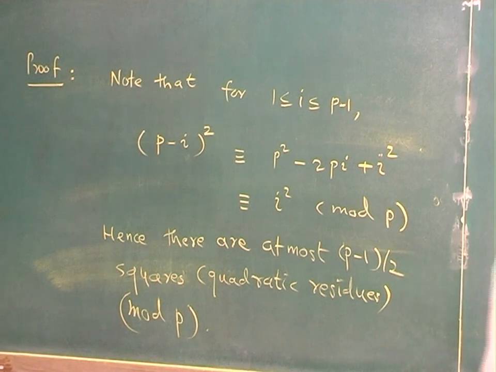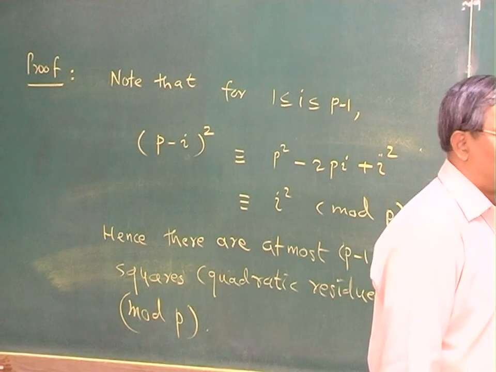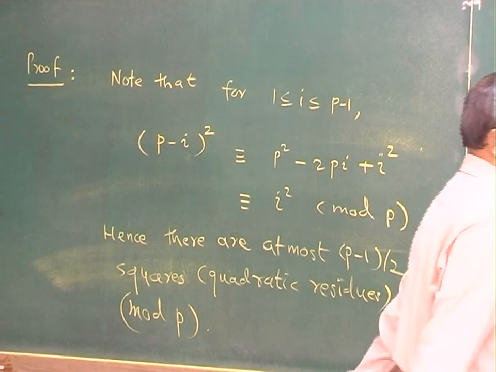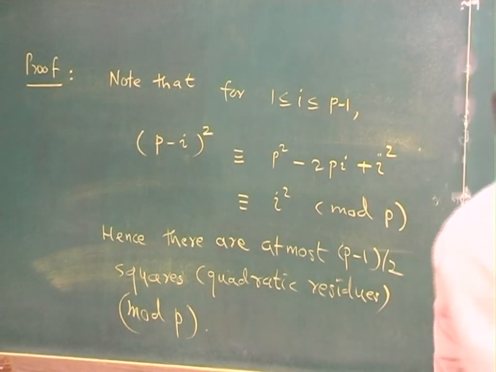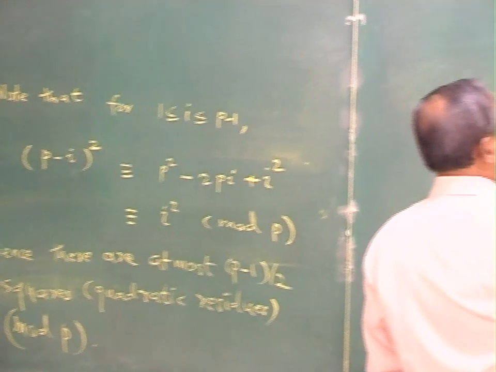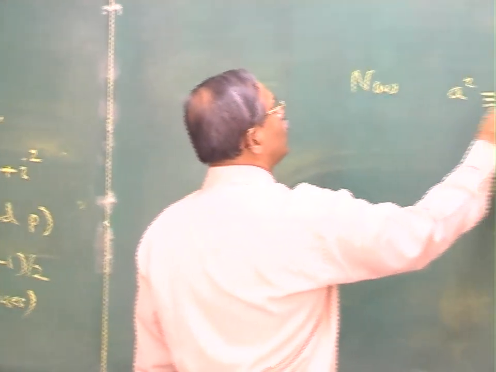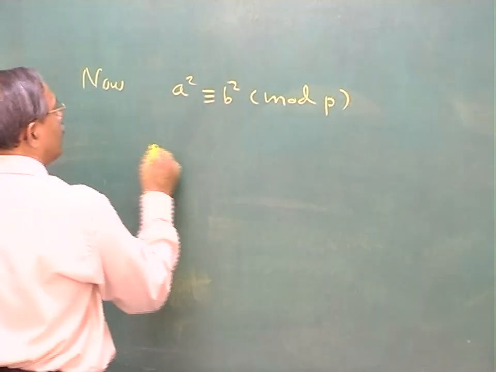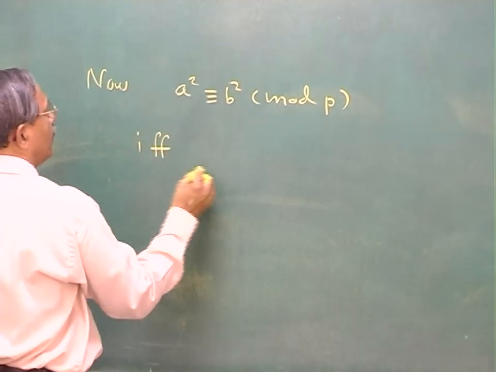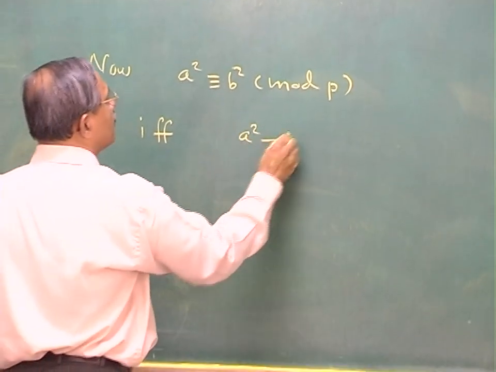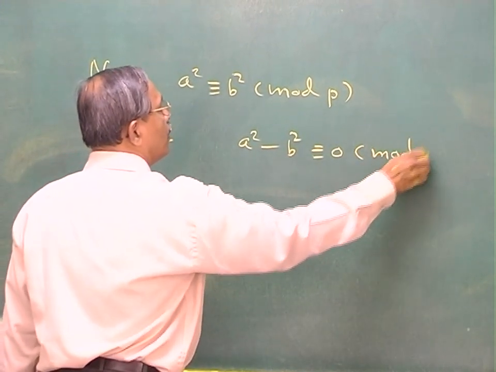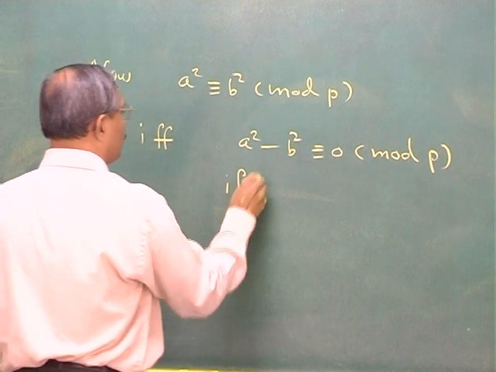But modulo p, you will see that only squares of two different integers mod p can be equal. So, a square congruent to b square mod p holds if and only if a square minus b square congruent to 0 mod p.